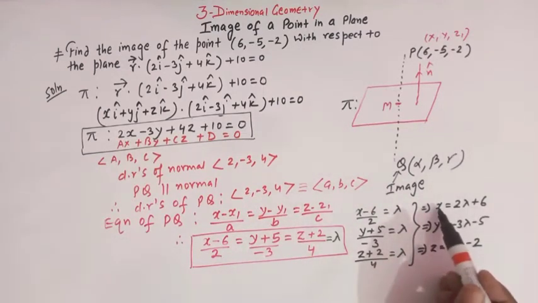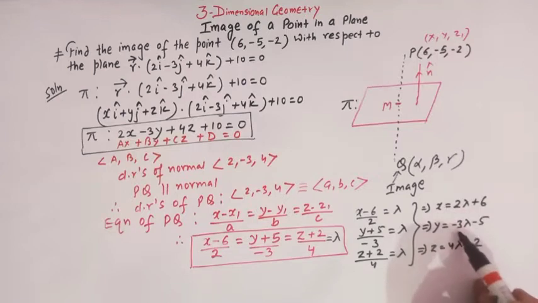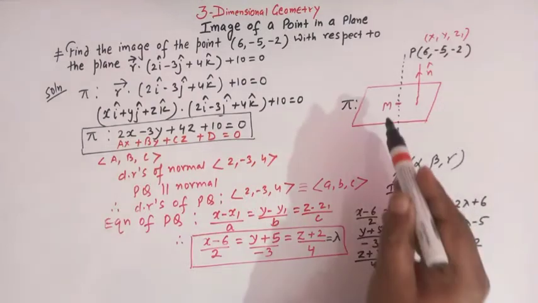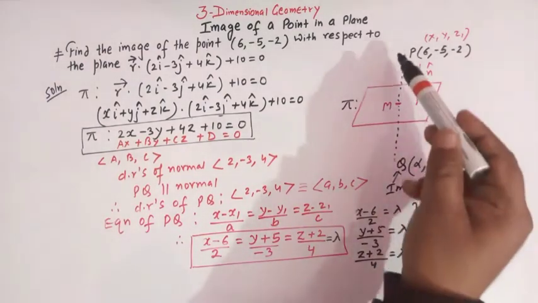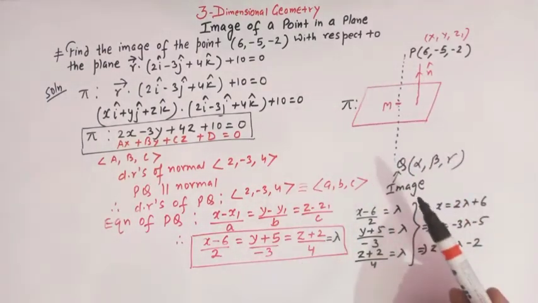So now (2λ + 6, -3λ - 5, 4λ - 2) represents a general point on this line PQ, and that general point may be taken as this point M, right?